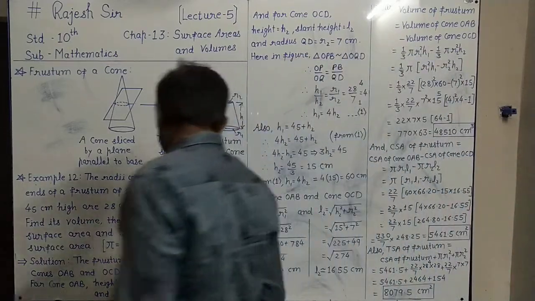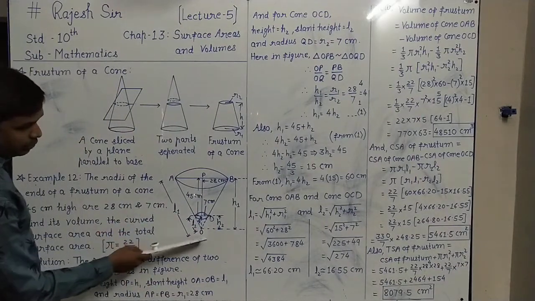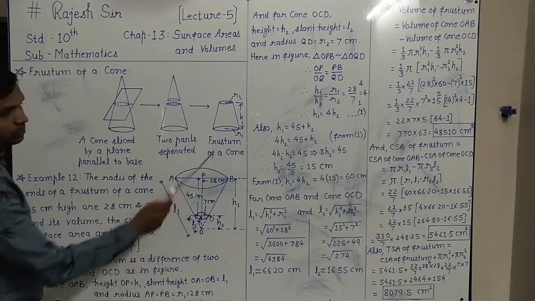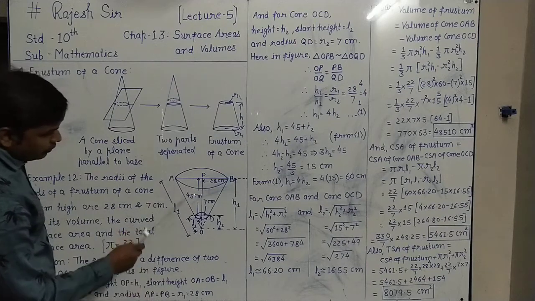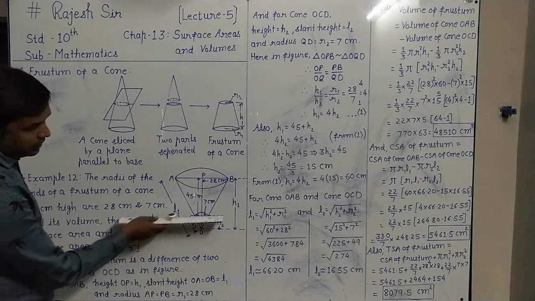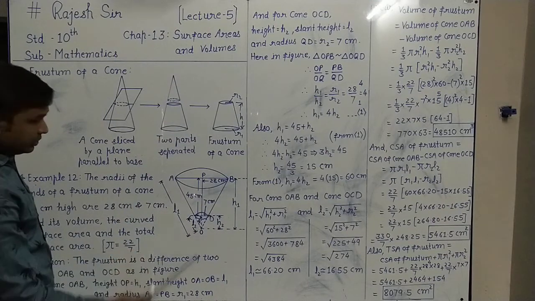To understand this, we have extended this frustum on the down side by this broken line, so that we can get the full cone. This is the full cone, and if we do a horizontal cut here, we will get this part as a frustum and the down part as a smaller cone.